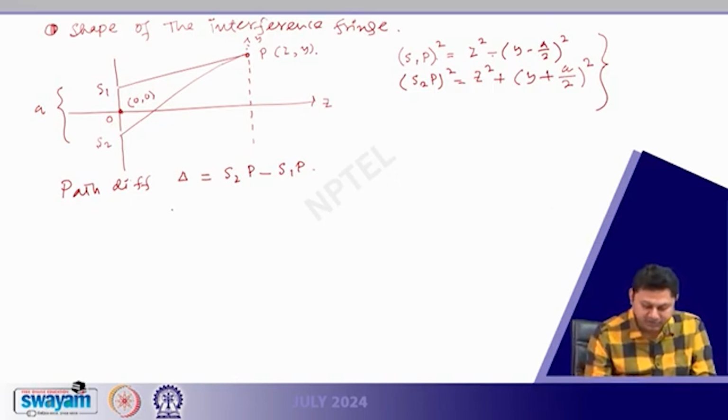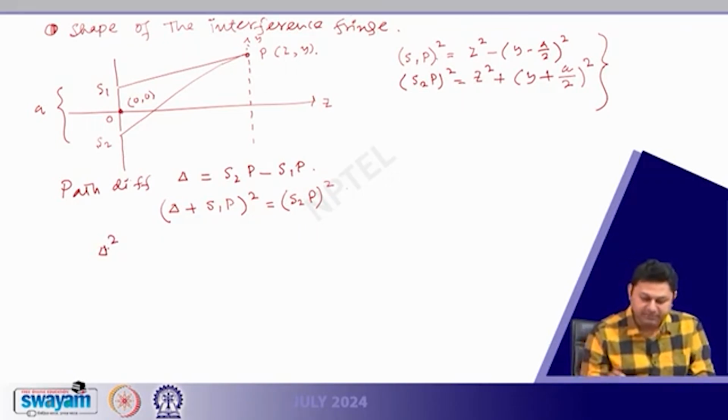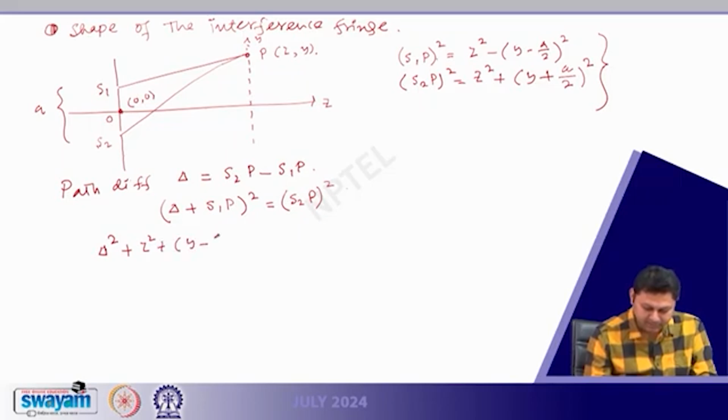From here I can have an equation in terms of delta between S1P and S2P: S2P equals delta plus S1P, and the square of that gives delta square plus S1P square, which I can find because the value is known, that is Z square plus (Y minus a by 2) square, and there is a 2AB term.